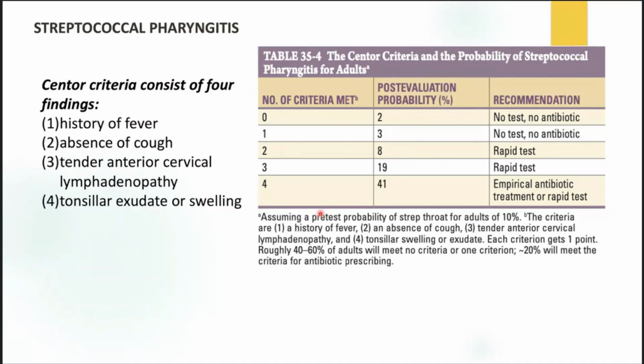As you can see in the table here, if you have two to four criteria met, then you should do testing, and if you meet all four, then antibiotics should already be given.